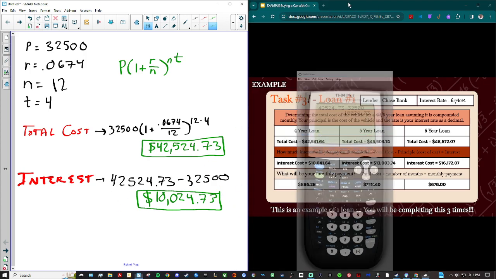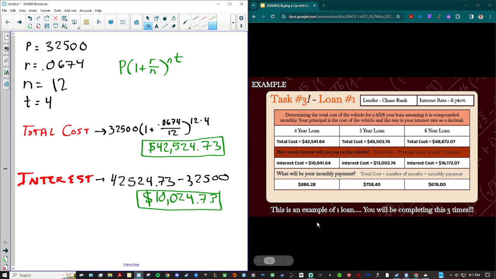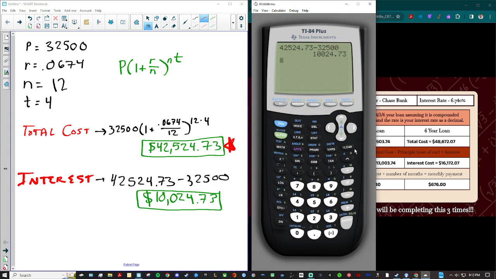Now the last box is our monthly payment. Our monthly payment is how much we're going to pay per month for 4 years. So we're going to take our total cost, so make sure you are using the total cost, and we're going to divide by the number of months there are in 4 years. If I multiply 4 times 12, I know I have 48 months in 4 years.